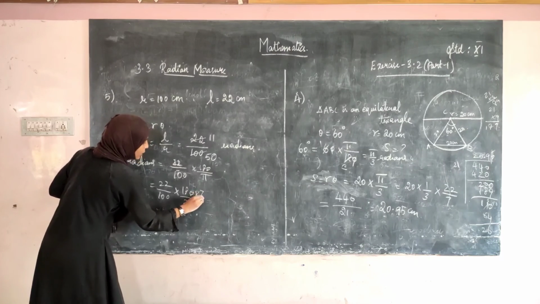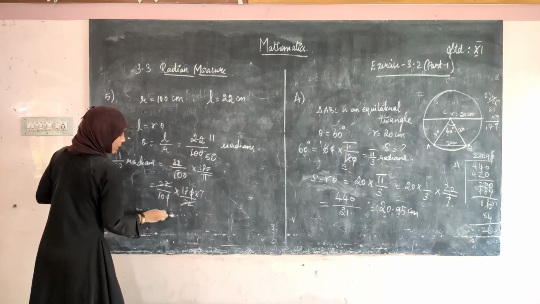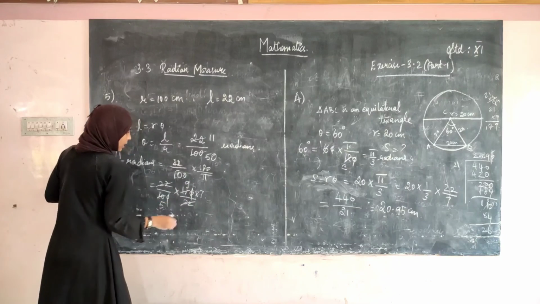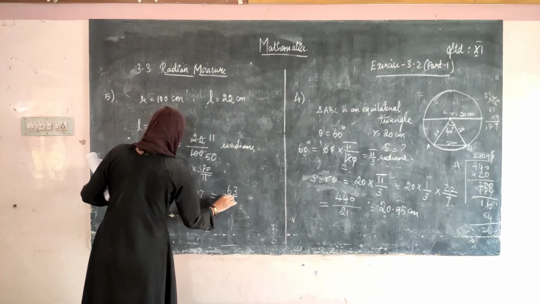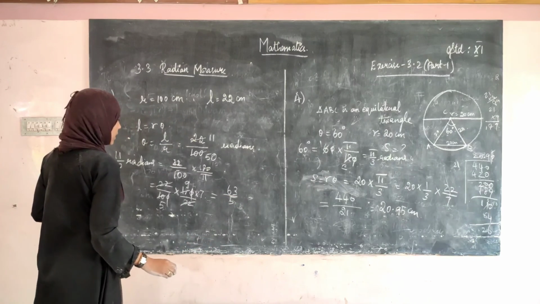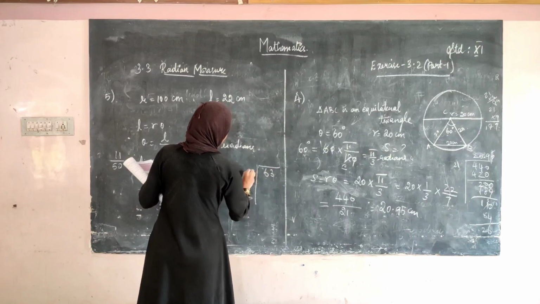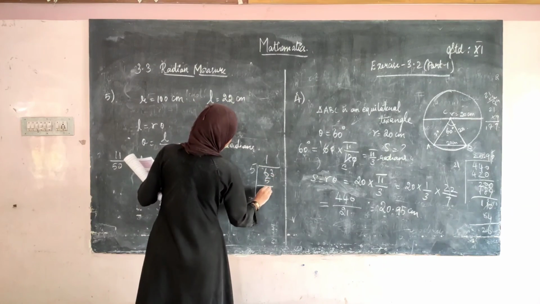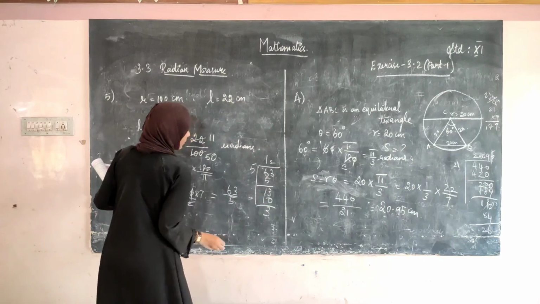In this sum, 7 comes to the numerator. So 22, 20, 110. This is 5 times, this is 9 times. So 63 divided by 5. See here, 63 by 5: 12 times is 60, balance is 3.